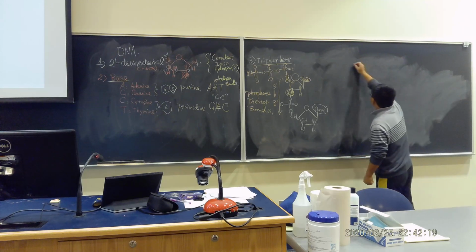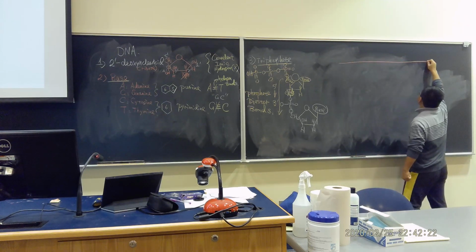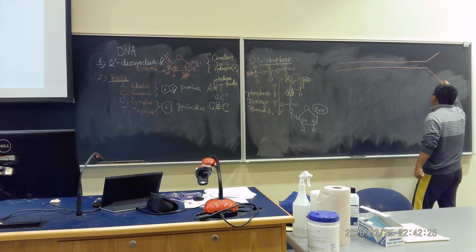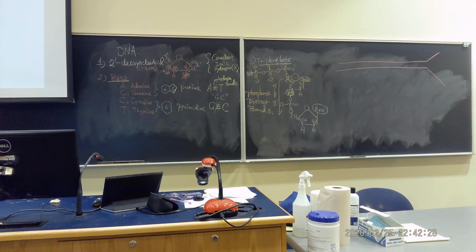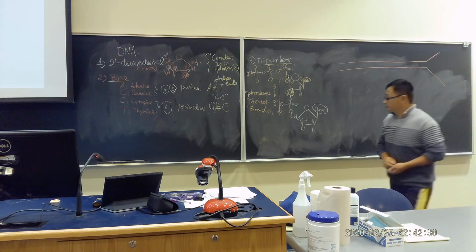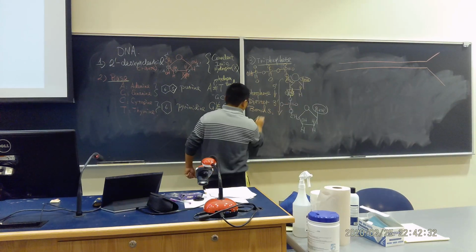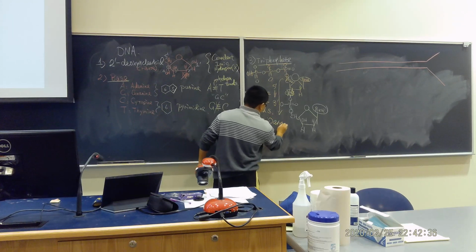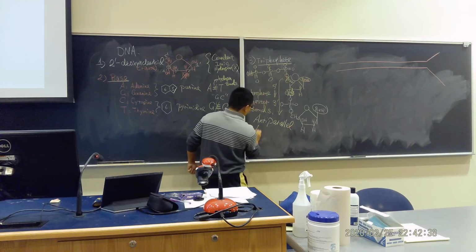That's my goal. Okay, first of all, there are 2 lines of DNA running anti-parallel, a double helix.